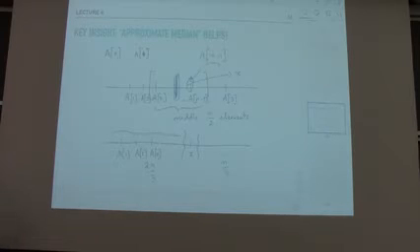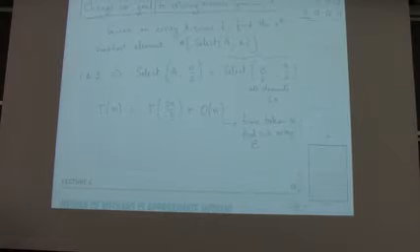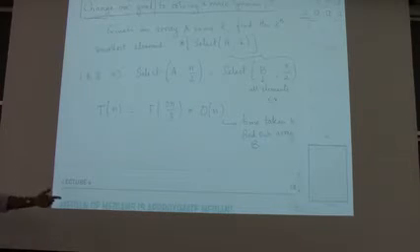So if you had an approximate median, then you end up with an equation like this for your running time. And this has a very easy solution, because now you write this as c times n, like we always do. Then you get c times n plus c times 2n by 3 plus c times 2 by 3 squared n plus so on.